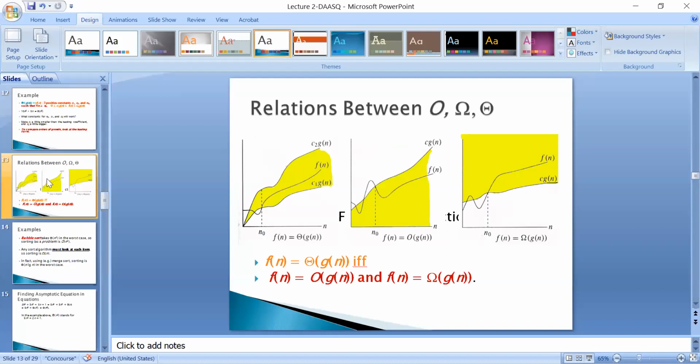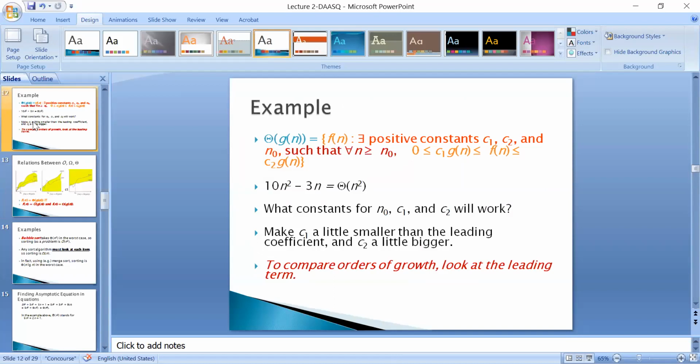That means when you choose C1 and C2 carefully, Fn will lie in the range between the yellow lines in the first graph. Okay, so it is both less than and greater than, but depending on constants C1, C2 and your N0. N should be greater than N0 in order restriction.